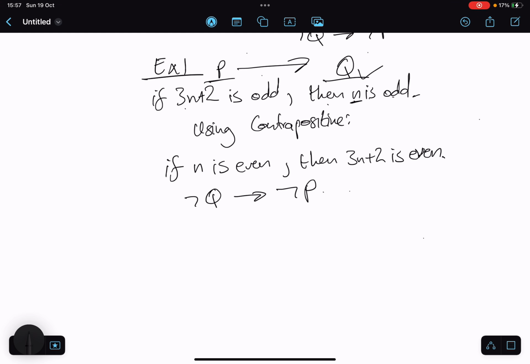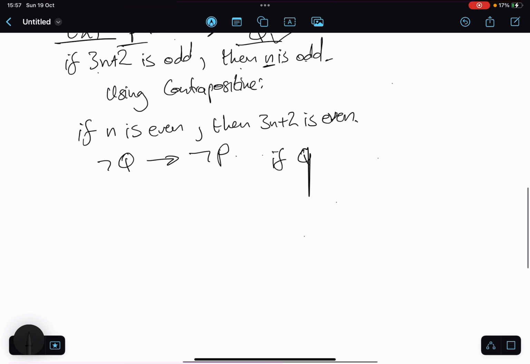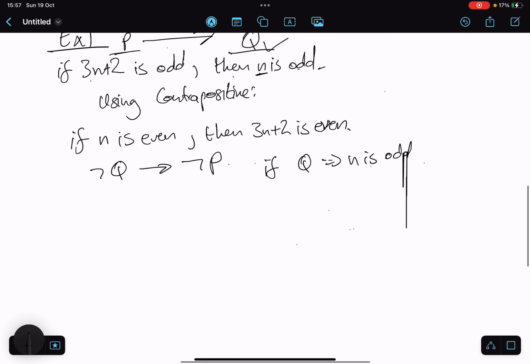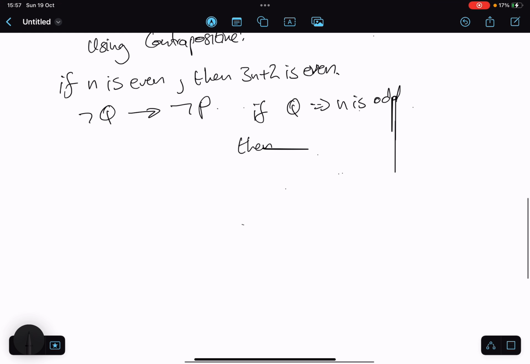If Q states that n is odd, then the negation of Q is what? n is even, right?